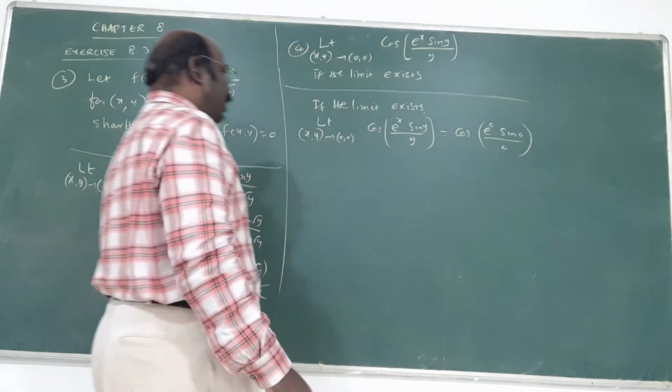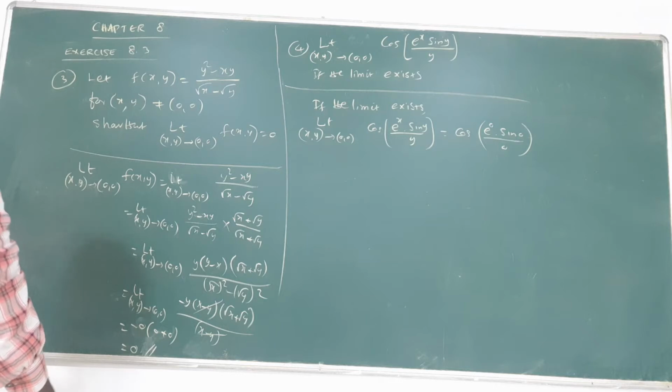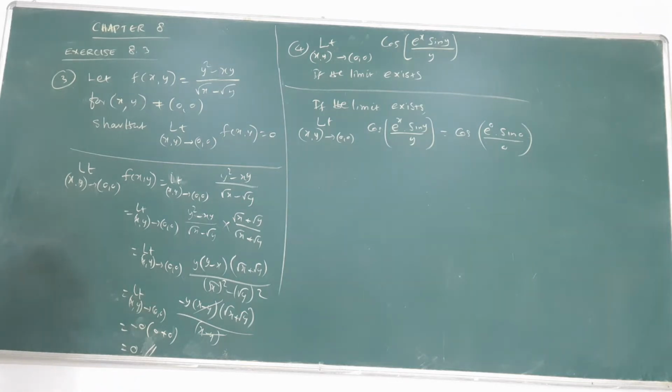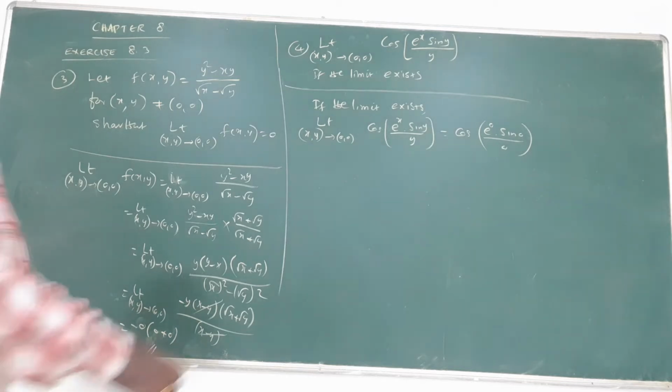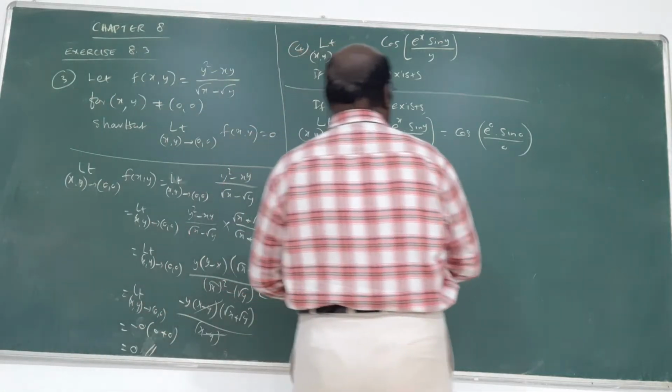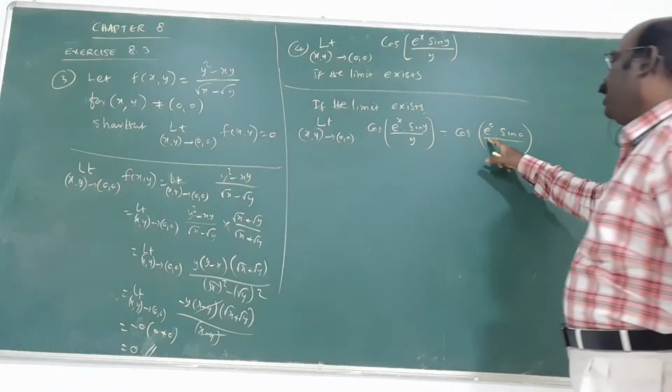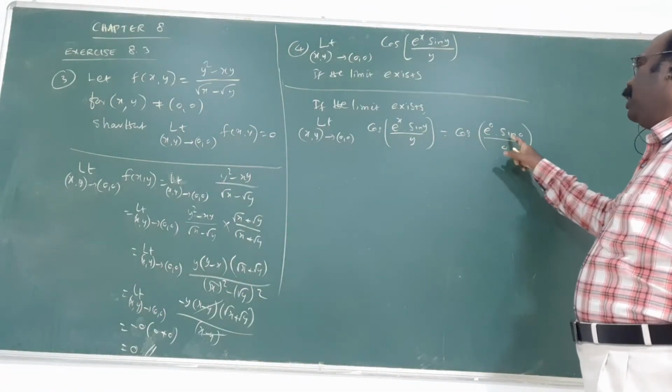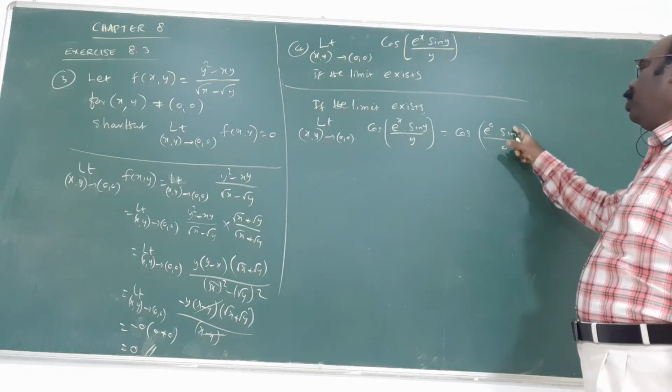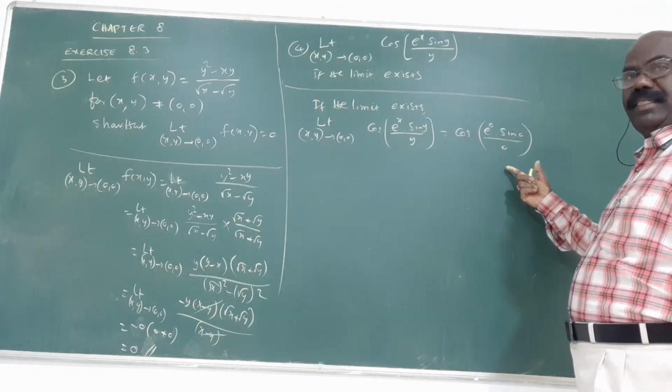Okay? Replace. What is the limit? I'm going to write. Am I correct? Before applying the limit, e power 0 is 1, sin 0 is 0, so 0 by 0, that is wrong.